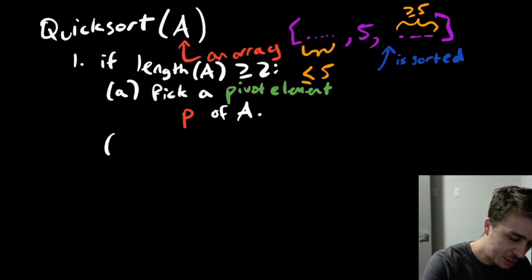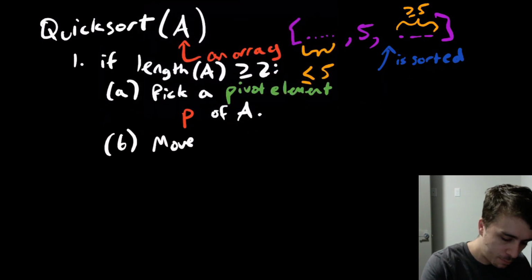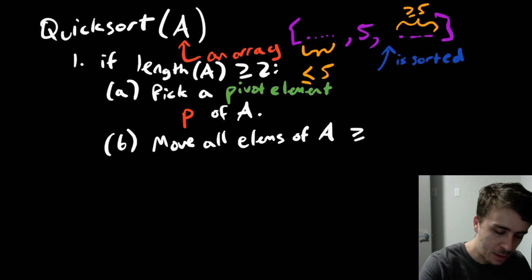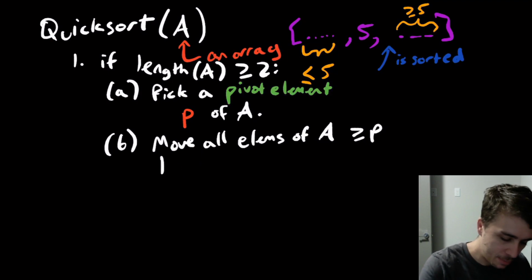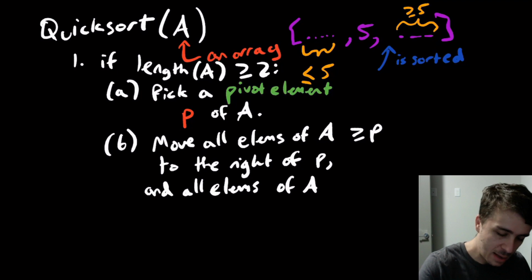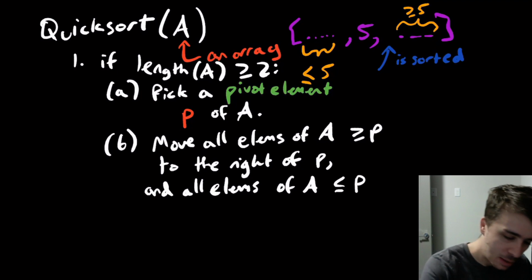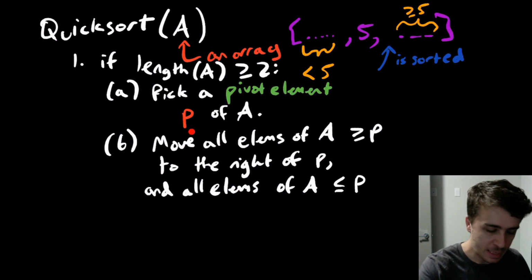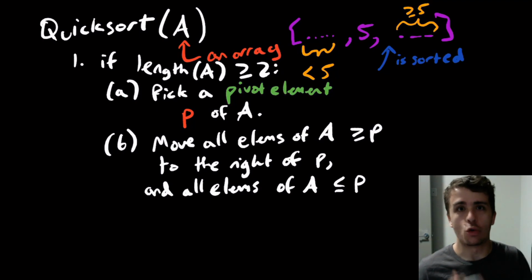And what are we going to do with this? We're going to move all elements of A bigger than or equal to P to the right of P, and all elements of A that are smaller than P to the left. Actually, I'm going to take the equal sign off of one of the sides, because if we have a bunch of elements equal to P, they could go either left or right, and I don't want to make any confusion there.